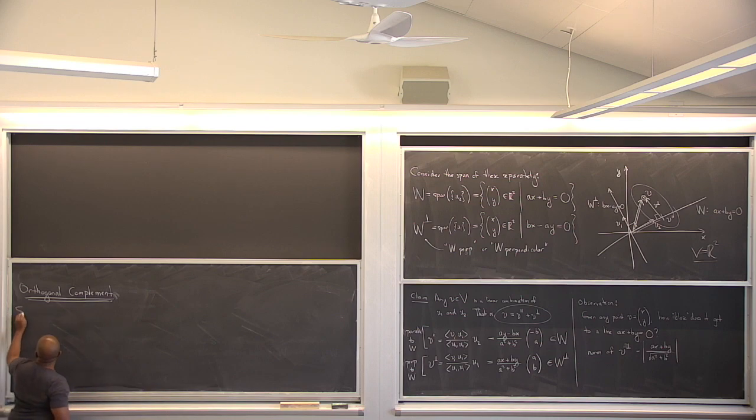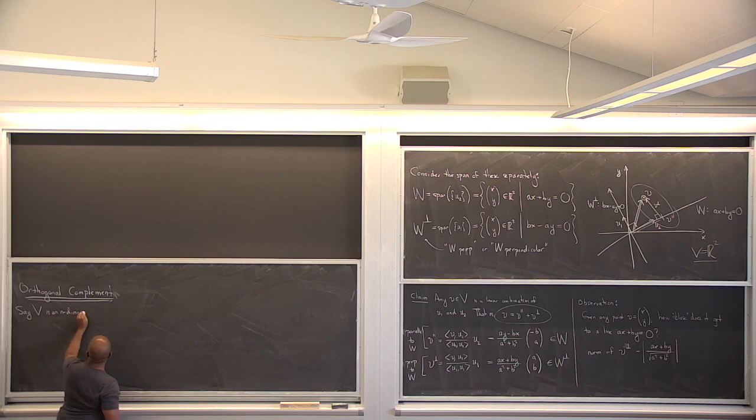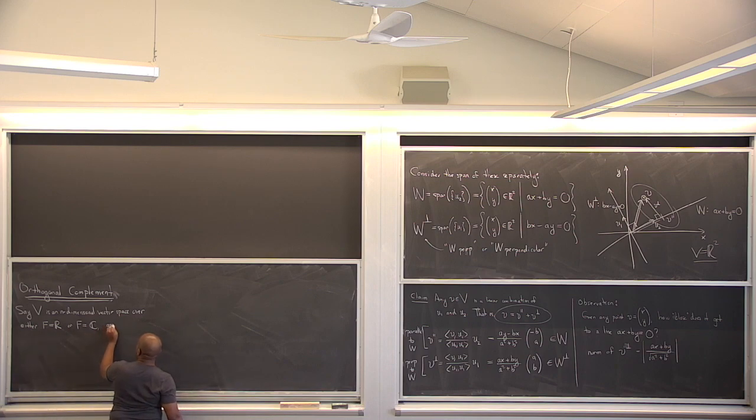So just like always, let's say that V is an n-dimensional vector space over either the real numbers or the complex numbers. And let's fix an inner product.